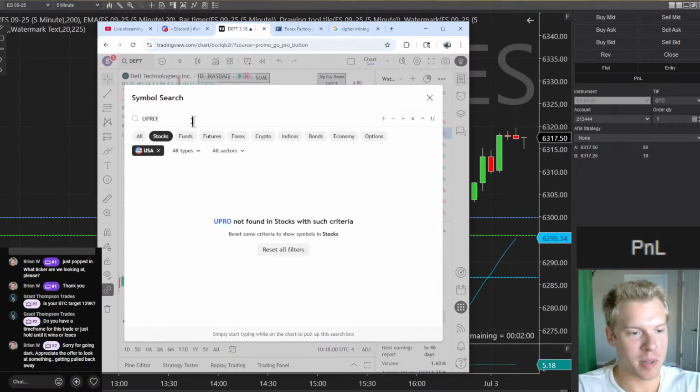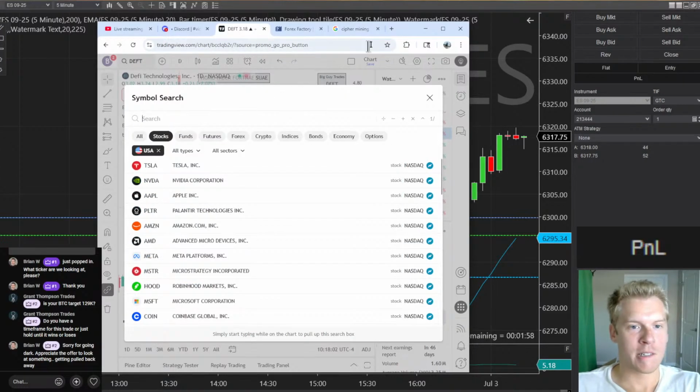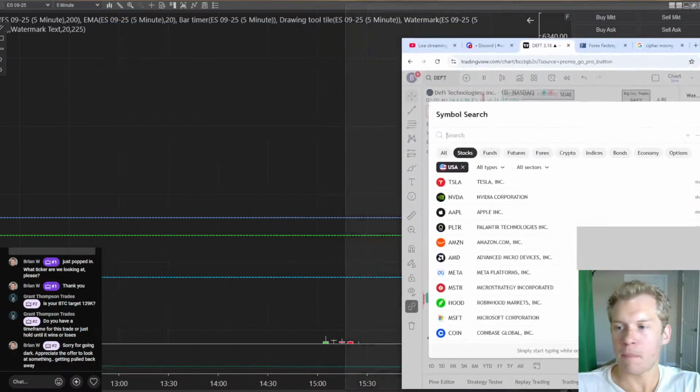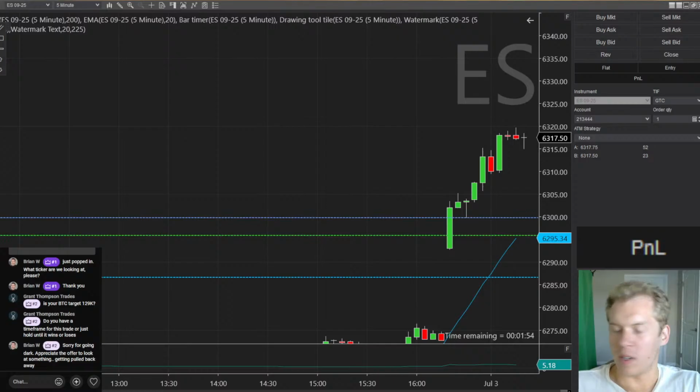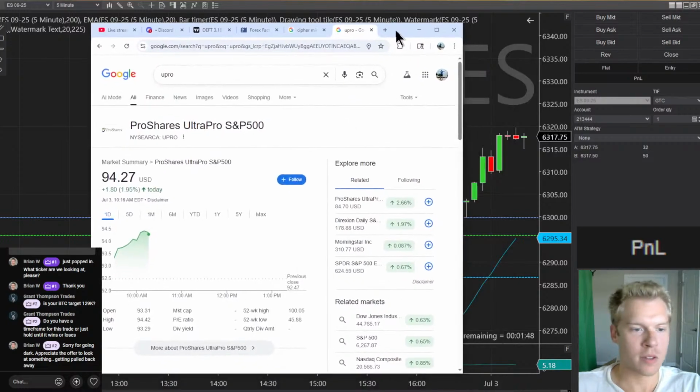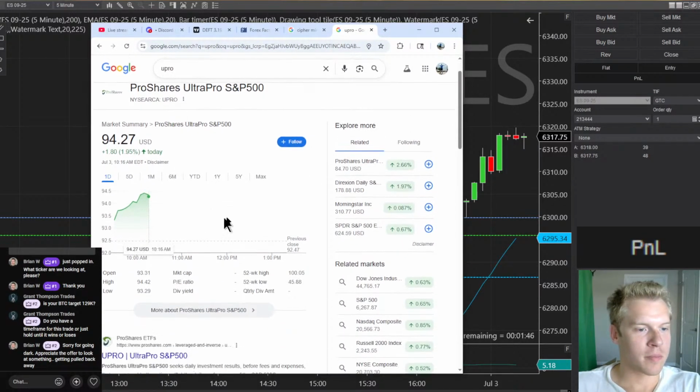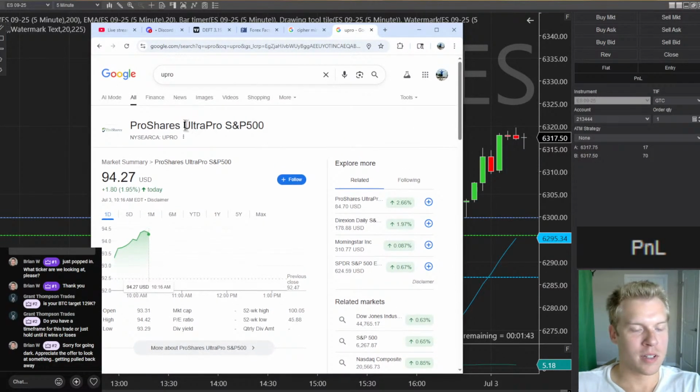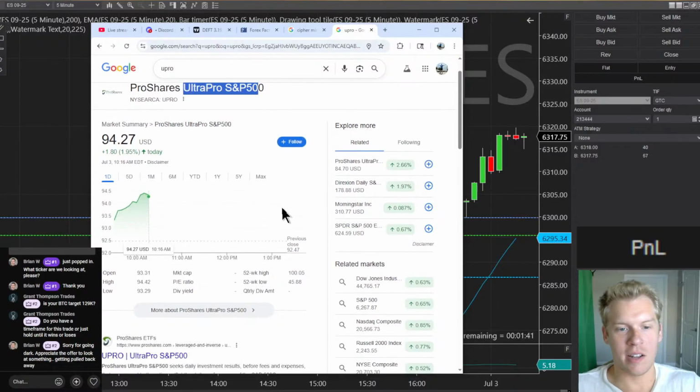But there are leveraged ETFs like UPRO. So it's an ETF that is leveraged to the S&P 500.